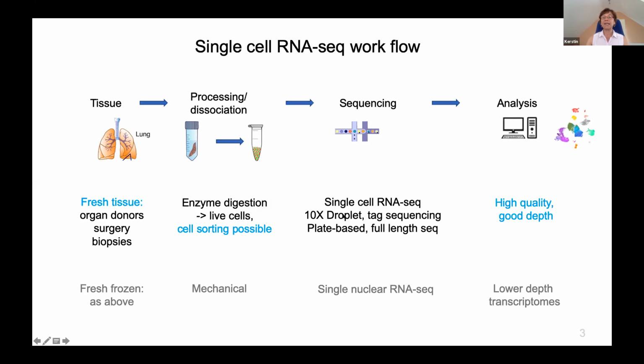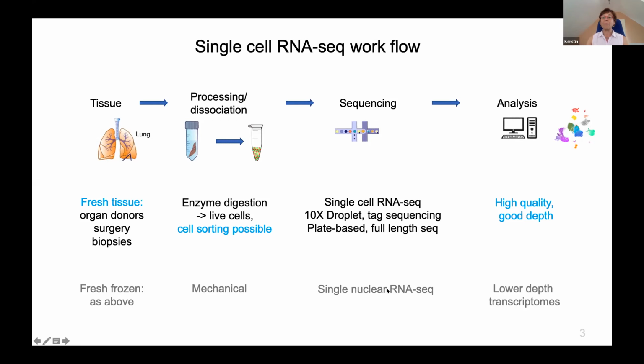Mostly we have used 10x droplet sequencing, but also plate-based full-length sequencing using SmartSeq2. With this protocol, we're finding at the moment that starting with fresh tissue and dissociation still gives us better quality and good depth data. But of course, it's also possible to start with frozen tissue, where you have much less effect of tissue dissociation because you just have a mechanical disruption of the tissue and then do single nuclear RNA sequencing.